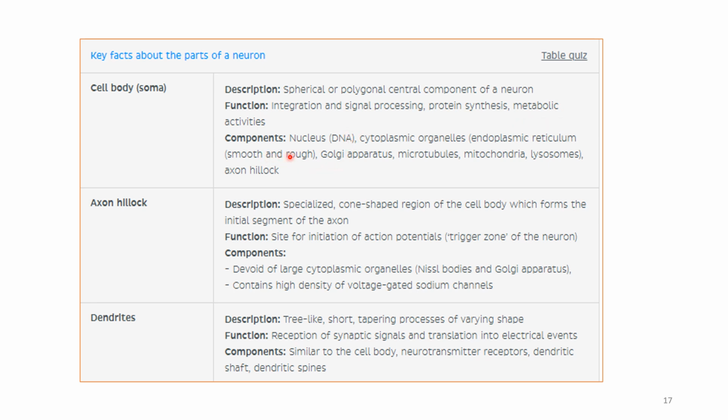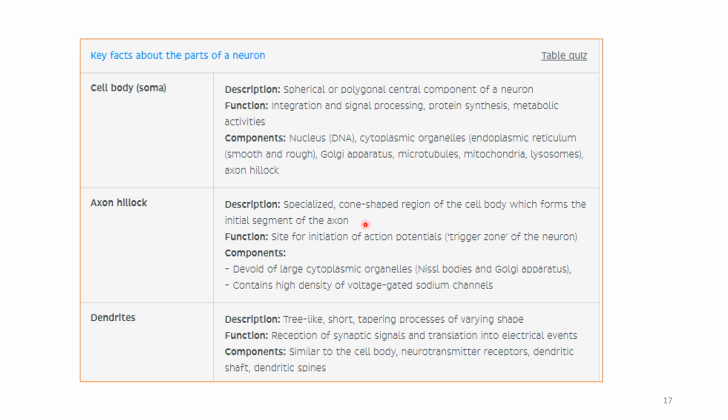The components present are the nucleus, which contains DNA, and cytoplasmic organelles such as smooth and rough endoplasmic reticulum, Golgi apparatus, microtubules, mitochondria and lysosomes. It ends in the axon hillock.